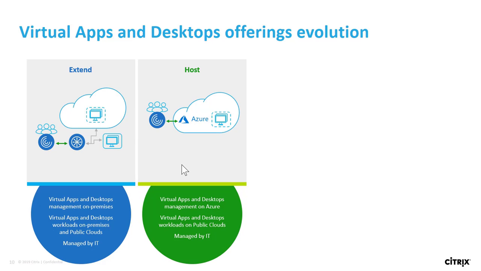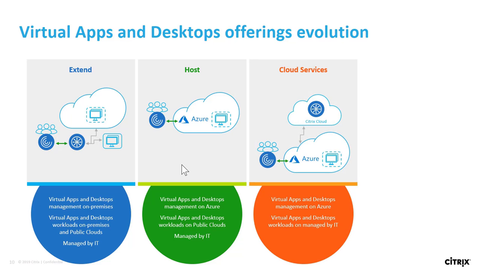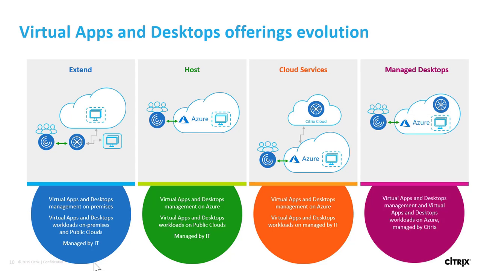The entire deployment is lifted and moved to the cloud. Third is cloud services with Virtual Apps and Desktops service, or CVAD service, as your cloud management plane and one or more resource locations in the public cloud. And finally, we have Citrix Managed Desktops, a DaaS offering where everything is in Azure and the solution is managed completely by Citrix.